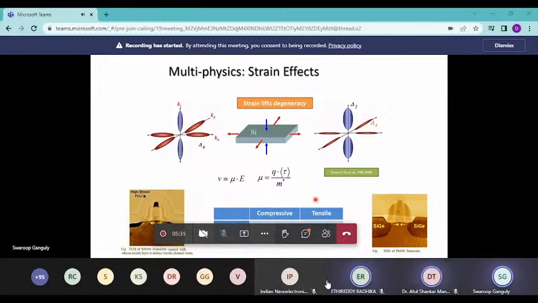It can affect it in two ways. You might recall from basic semiconductor physics that the mobility is charge times the momentum scattering time divided by the effective mass of the electron. And when you apply strain, the mobility can be affected by either of these two terms, the scattering time or the effective mass.